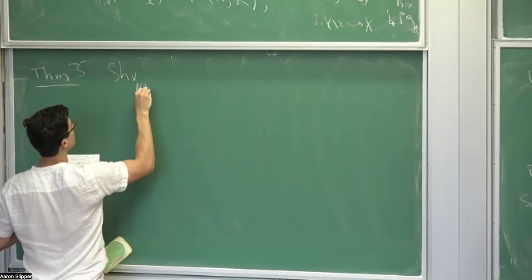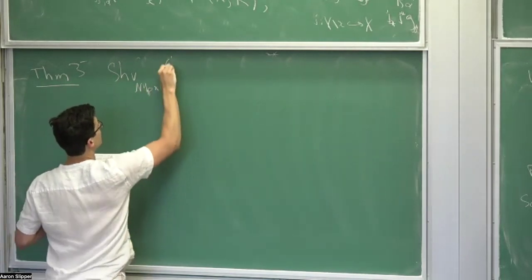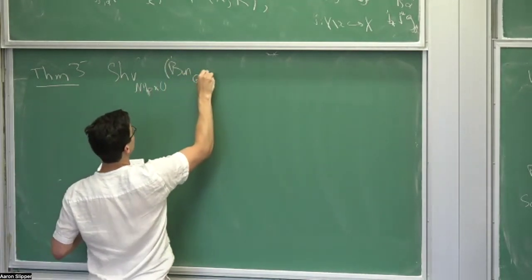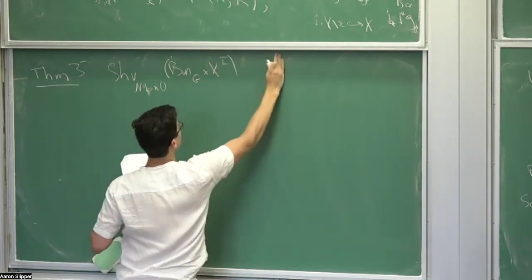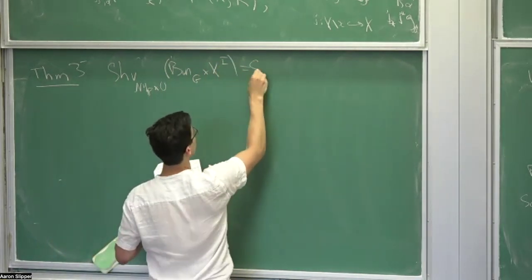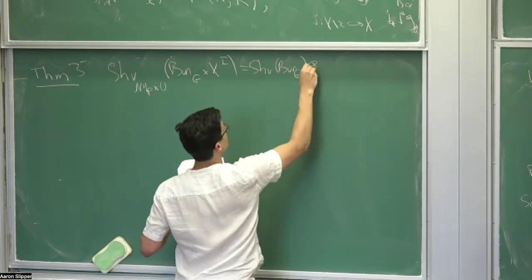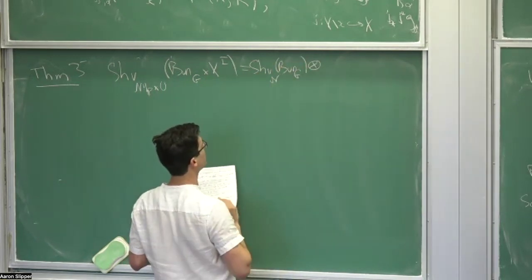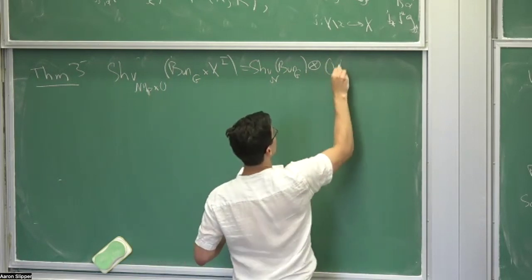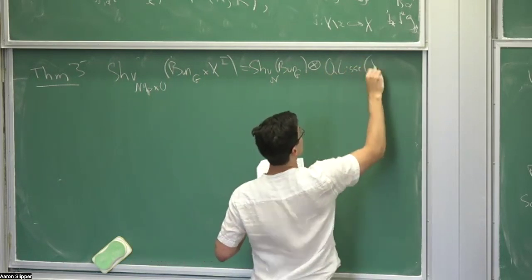Sheaves on G check, X to the I, is the same thing as sheaves on Bun_G with nilpotent singular support, tensor quasi-lisse.